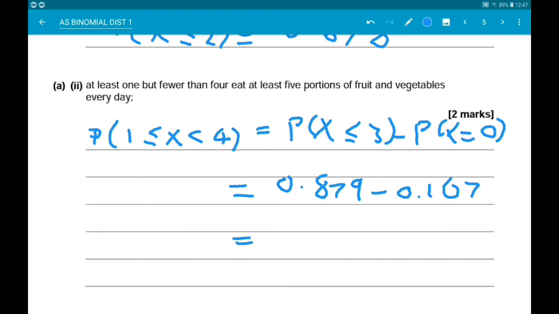And that gives us a final answer of 0.772.